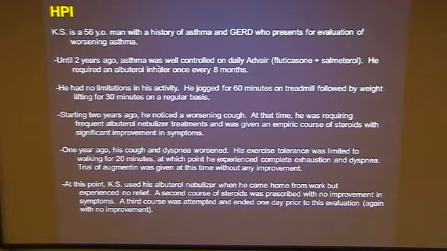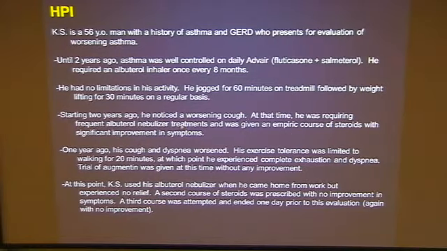He was only using albuterol once every 8 months or so. So pretty good asthma control. Hopefully you learned how we judge asthma control from yesterday's lecture. Prior to 2 years ago, he had really no limitations. He jogged 60 minutes on a treadmill, weightlifted, was playing tennis, a very active, fit guy. But then 2 years ago, his cough started to worsen.